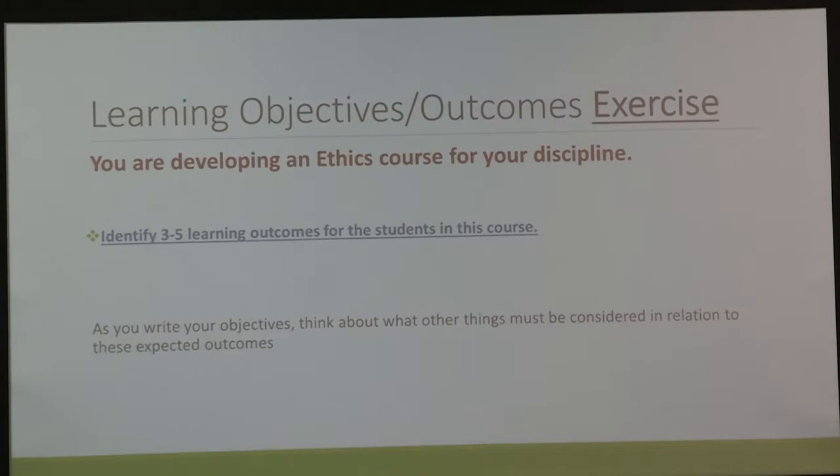What we want you to do, with 2 or 3 at each table, is identify in your group 3 to 5 learning outcomes or objectives for the students in this course. Based on what you know about ethics, develop 3 to 5 learning objectives.